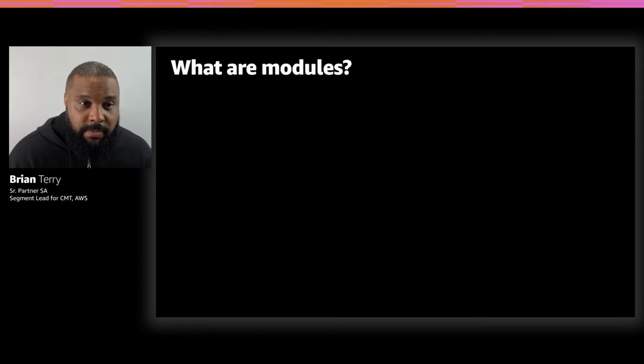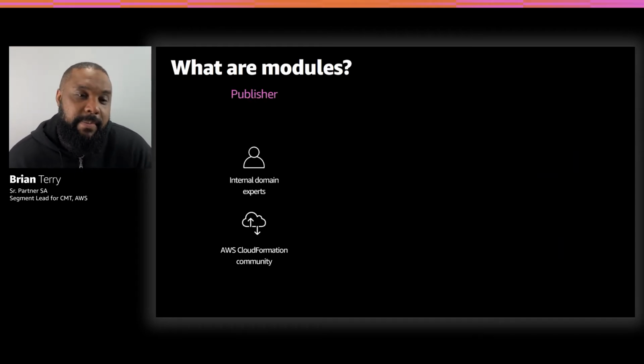Going from left to right, if you're publishing a module, you would start with your in-house domain expert or the CloudFormation community on best practices to define infrastructure. So if you were defining a 3-tier architecture and you wanted to publish this as a module, you would create this CloudFormation snippet with the best practices which you think should be within your organization.